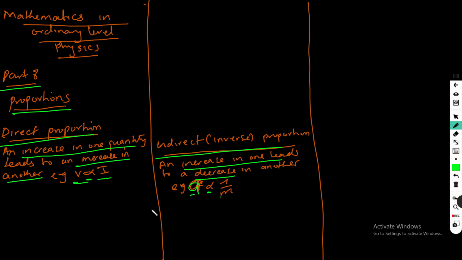So there are many different examples that we can see. For example, in physics, if you come to the formula of pressure equals force on area, in this case, pressure is directly proportional to force, but pressure is inversely proportional to area.